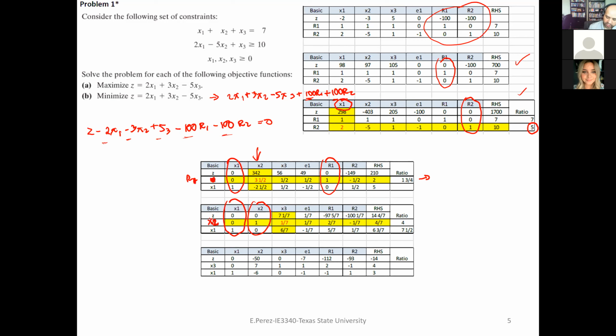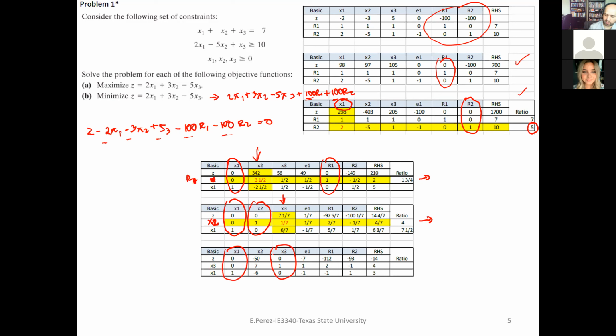And at this point, we check again whether we have a positive coefficient in row 0. The answer is yes. X3 is the largest one, so x3 is going to enter. We perform the minimum ratio test, and this one is leaving. So now x3 is going to be part of the basic variables.